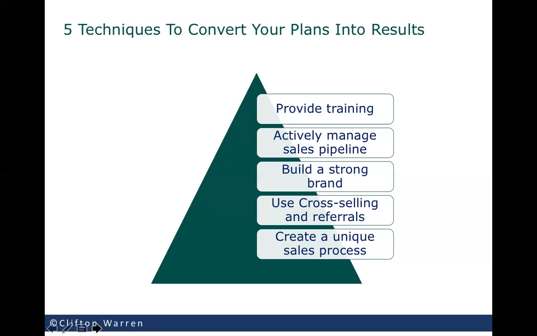Secondly, actively manage your sales pipeline. And that's going to involve firstly having a CRM system, contact management system, or customer relationship management system. It can be done on a spreadsheet. It can be done on a piece of paper.